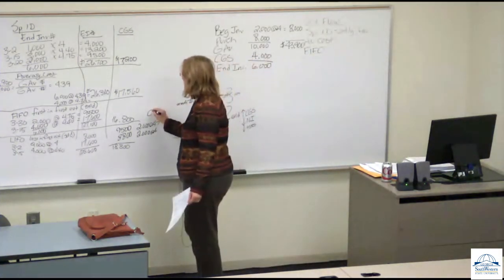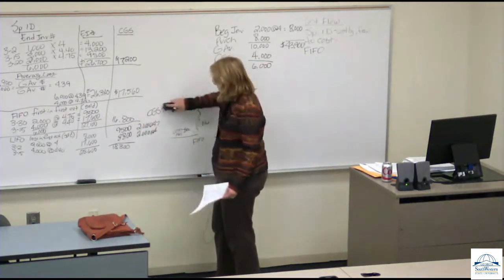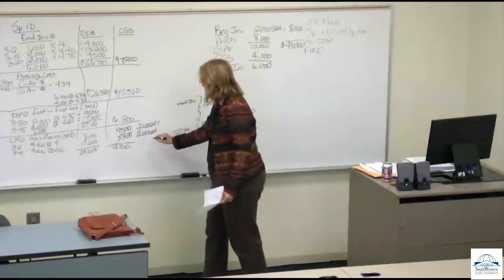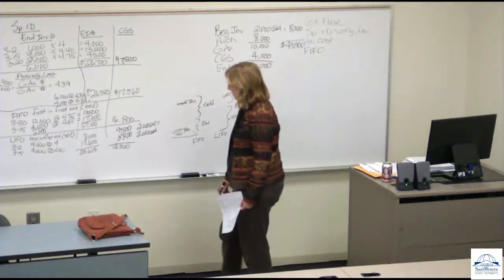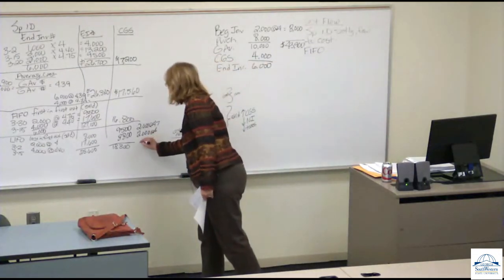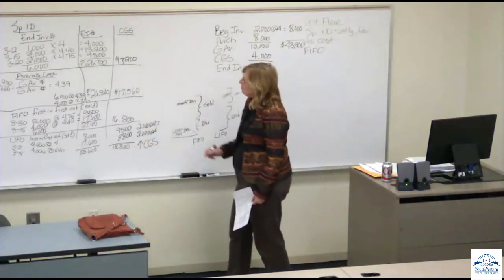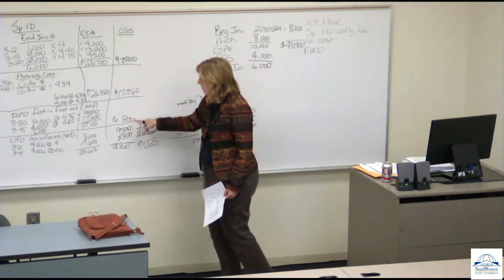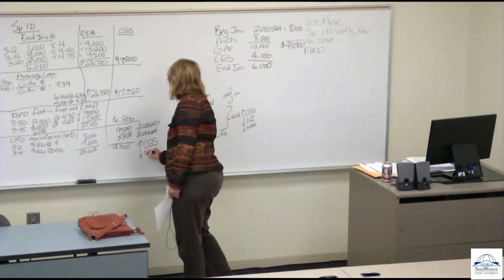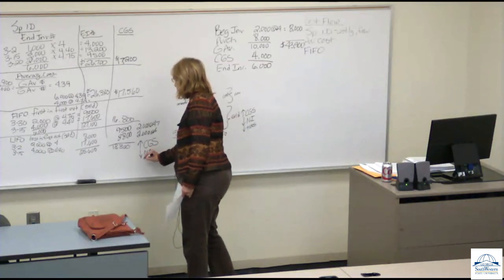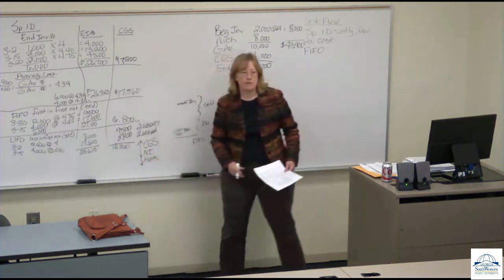So cost of goods sold is higher under LIFO, so comparing all these numbers here, cost of goods sold is higher under LIFO, which makes net income lower under LIFO and taxes lower under LIFO, right?